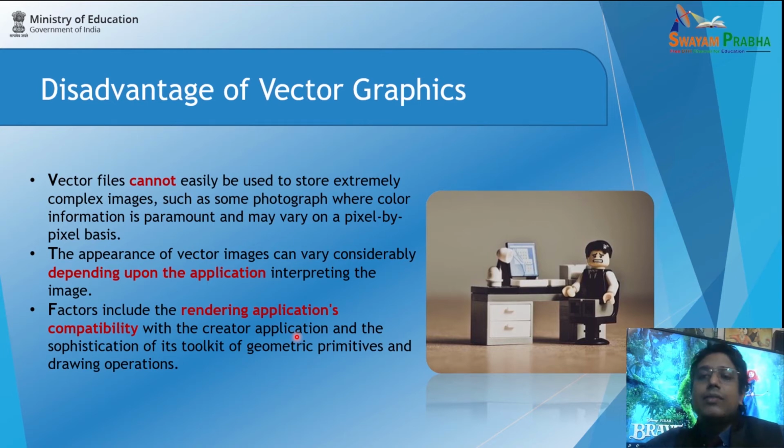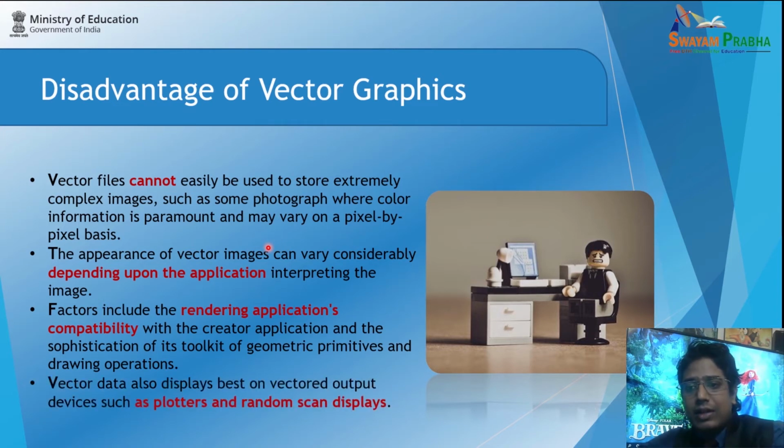Whenever we are working with photographs where we need to change the information of small pixel parts, it's tough to work there. At that time we can use what kind of images? Raster graphics, or bitmap graphics. So I hope now the fundamental concept of vector graphics and raster graphics is clear to everyone. Now moving ahead, right?